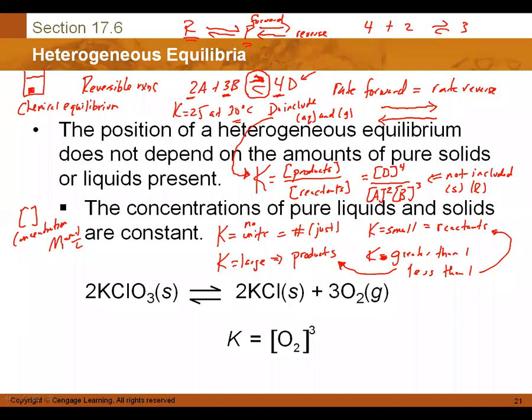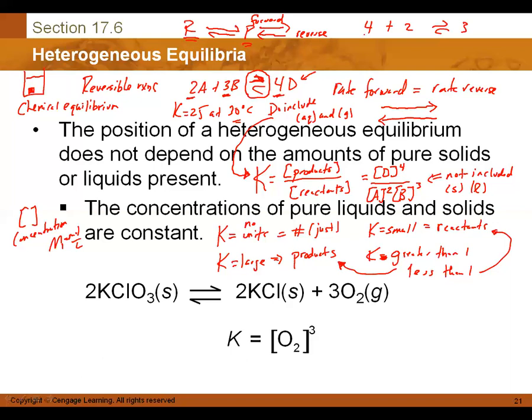No matter how much reactants you started with, no matter how many products you started with, if you started with different amounts in different experiments and calculated K, it will always end up in this make-believe example here at 25.